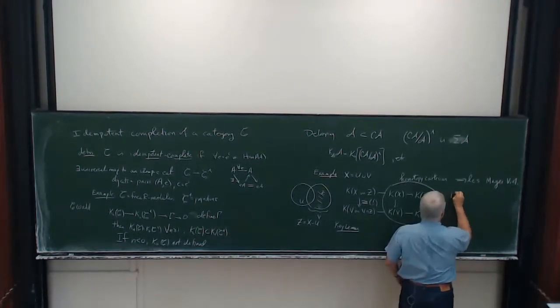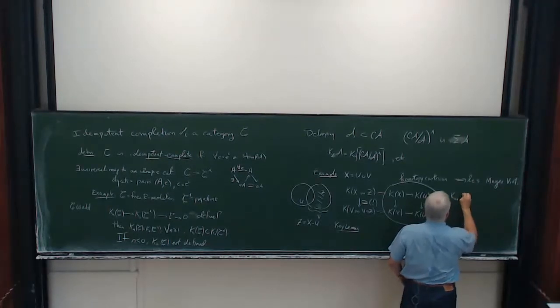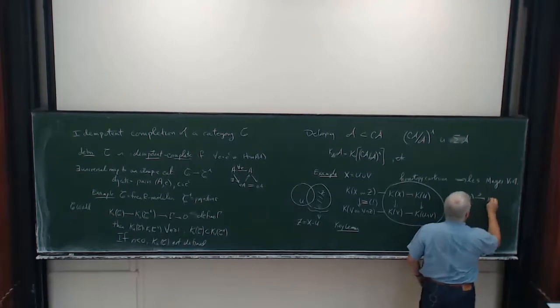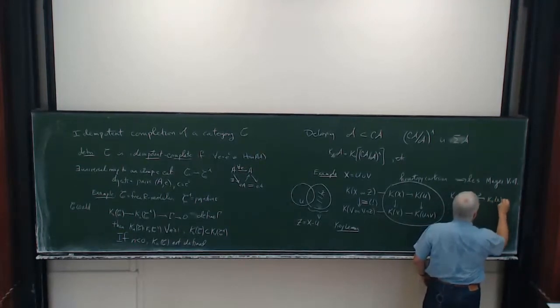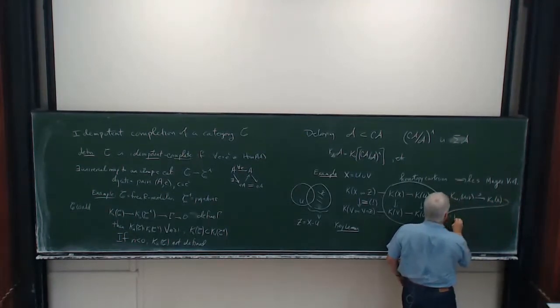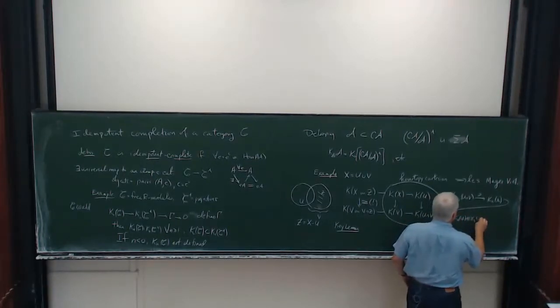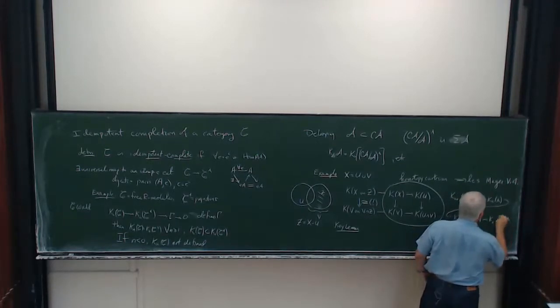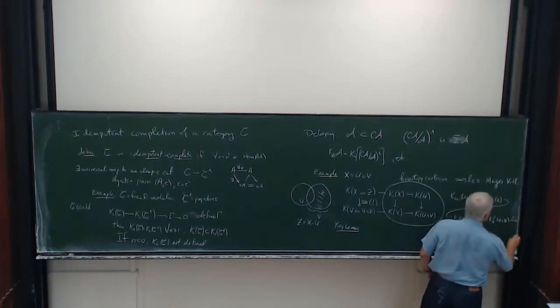So you have the K-theory of U intersect V goes by the boundary map to the K-theory of X, goes to the K-theory of U plus the K-theory of V, goes to the K-theory of U intersect V, and then there's a boundary map and so on.